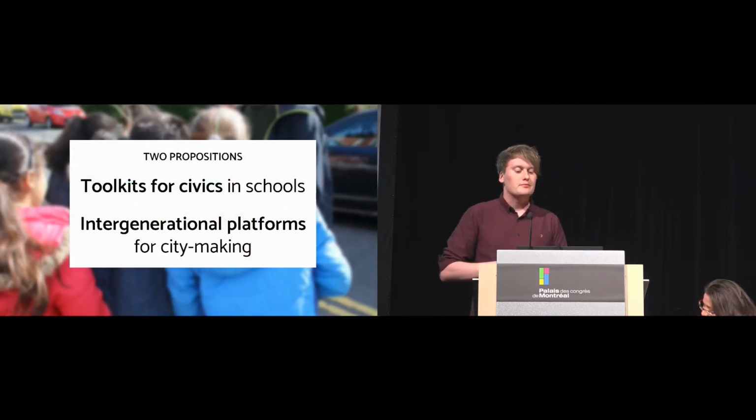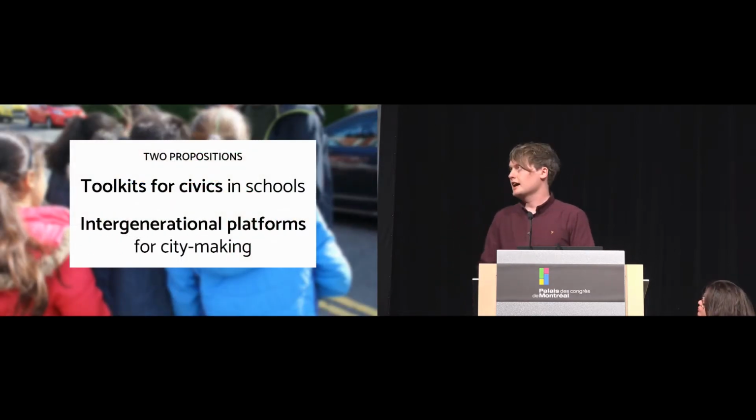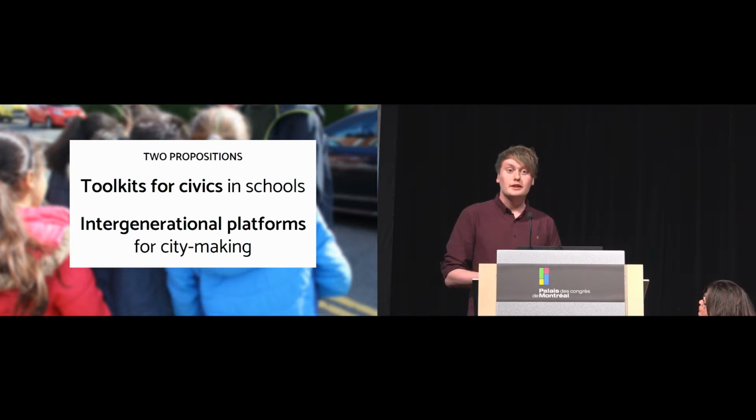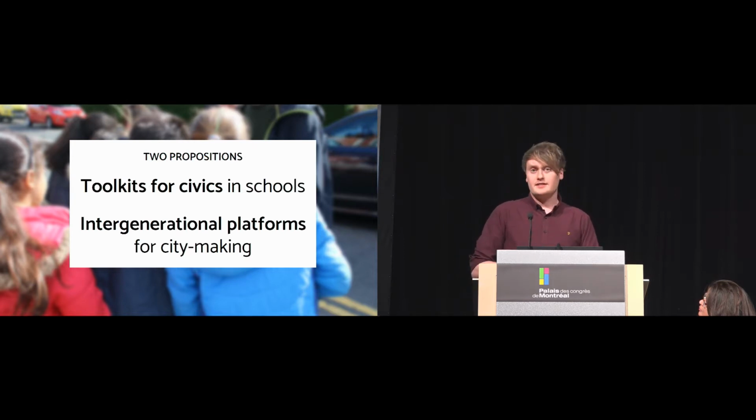And finally, we propose two ways in which HCI could further intervene in this space. Firstly, working with schools on civic projects could create opportunities to include children in city-making processes. Here, HCI might assist in the design of toolkits that allow for the scaling up and replicating of processes such as ours. And secondly, HCI could assist in the design of intergenerational platforms to support city-making.